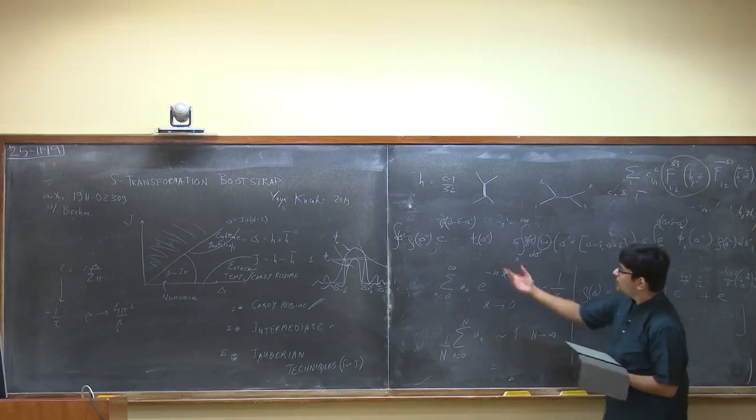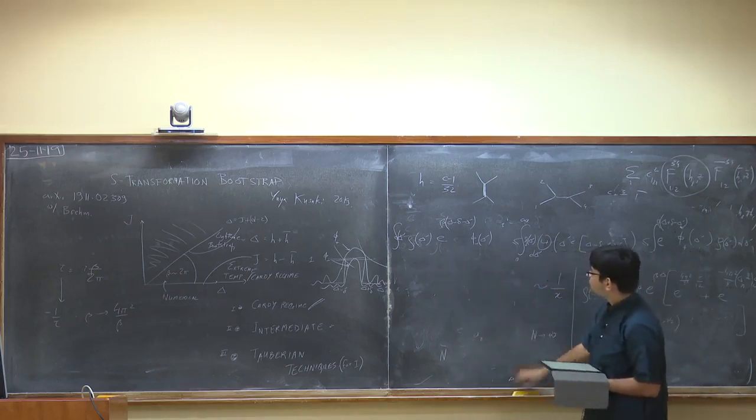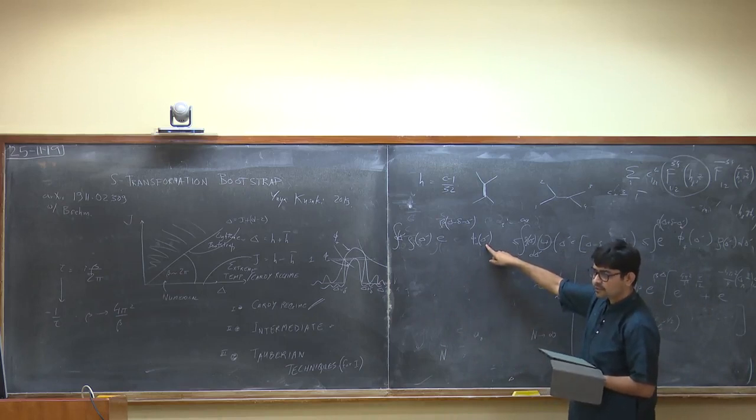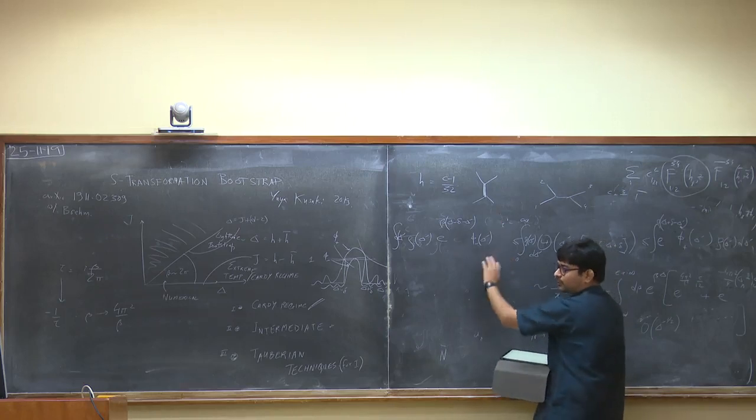Now to get the partition function out, I can write this in Fourier space, this phi minus, from delta prime to this Fourier space.